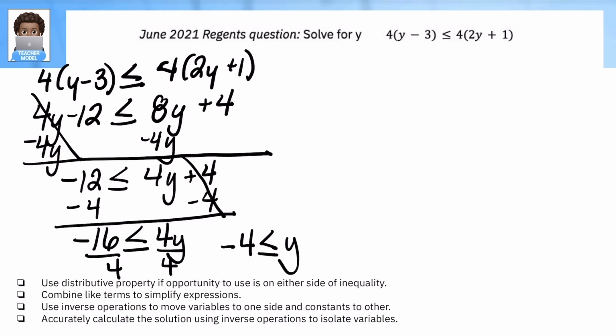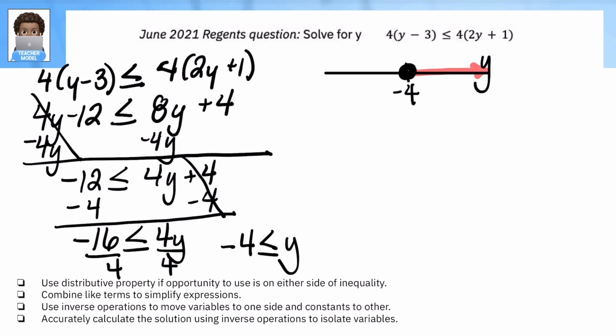Let's test it. Here's negative 4. I want y to be greater, so it's all the numbers here on this end. Fill in the circle because it can be equal to. And I want all the values that are greater than negative 4.